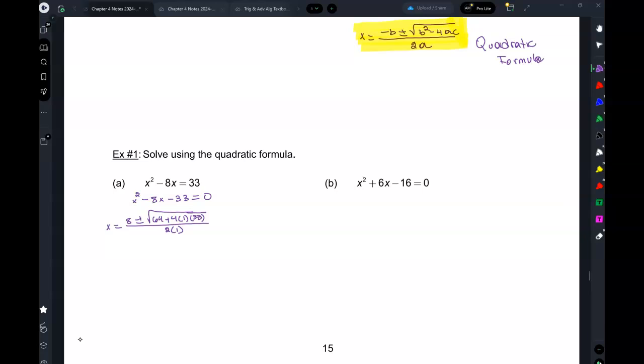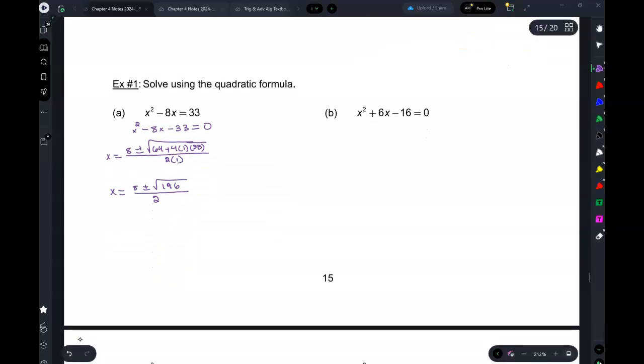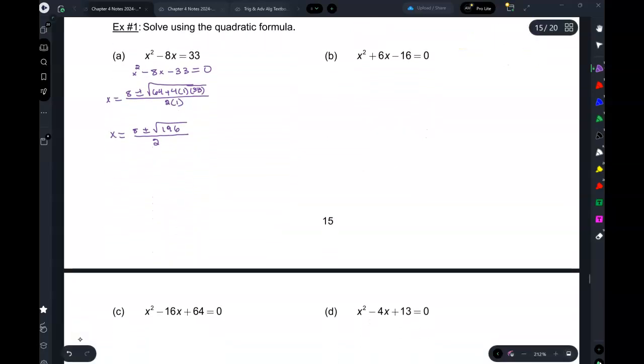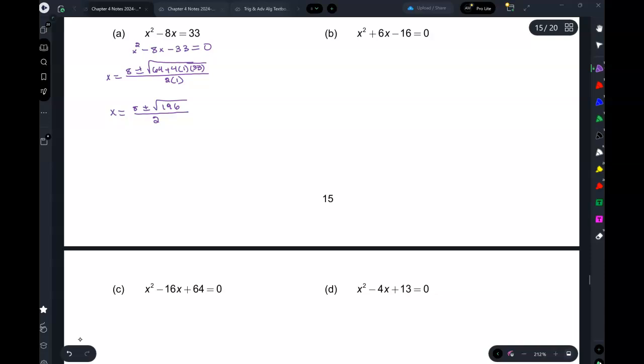So this becomes 8 plus or minus the square root of, if you simplify all that, it's 196 all over 2. So 196 is a perfect square. It's actually 14 squared. So this is x equals 8 plus or minus 14 over 2.